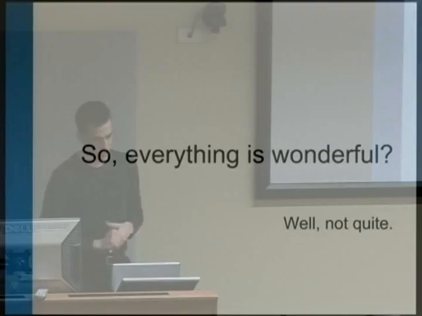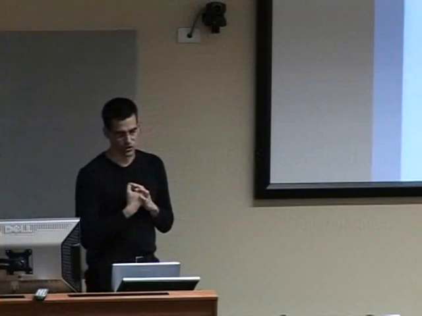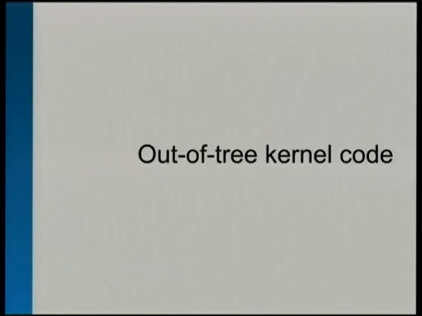Okay, so does that mean that everything is fine and dandy and wonderful? I wish I could say that, but it's not quite that way. And you can help. So there's a few things that could still use some work and a few things that you want to be aware of. So one thing, if you dislike having out-of-tree kernel modules on your system, steer clear of this. Flash cache is completely out of tree.